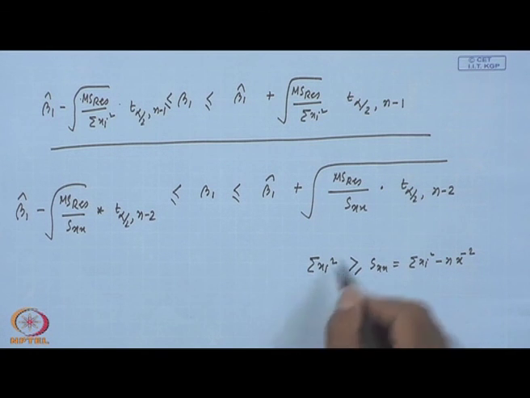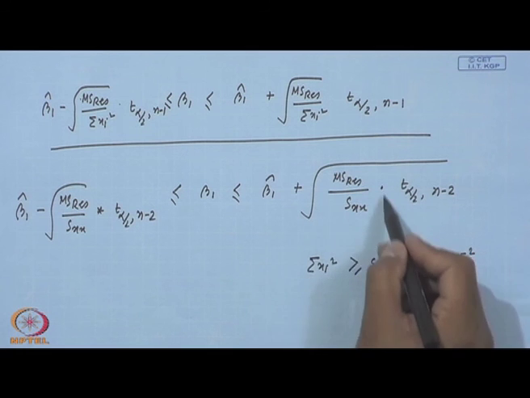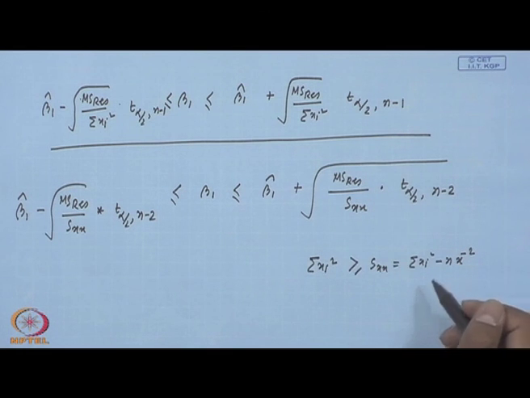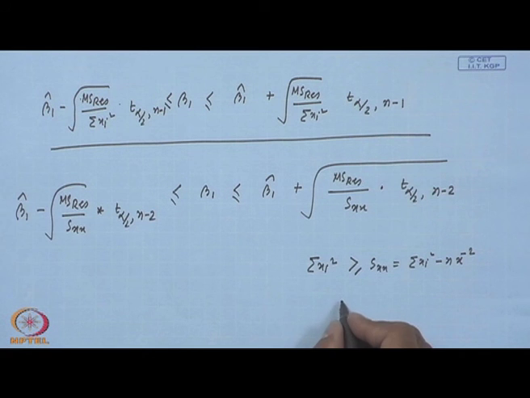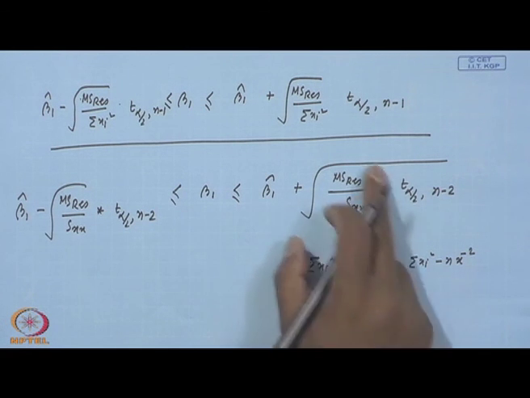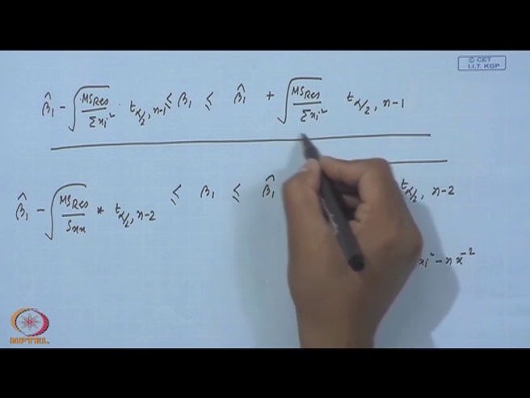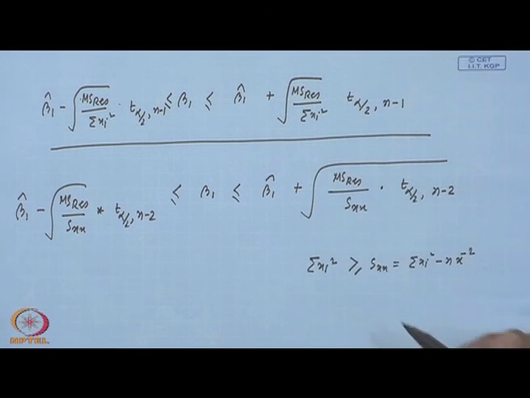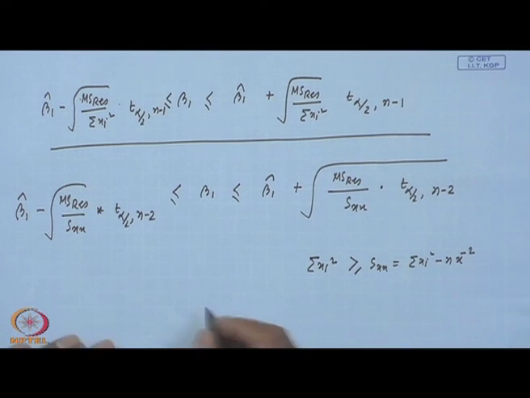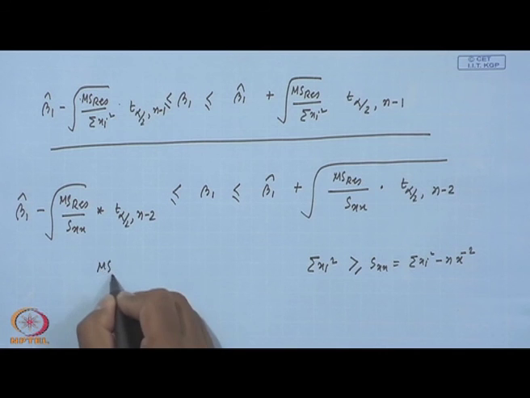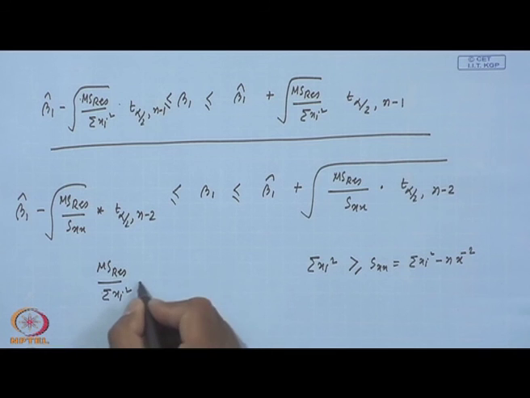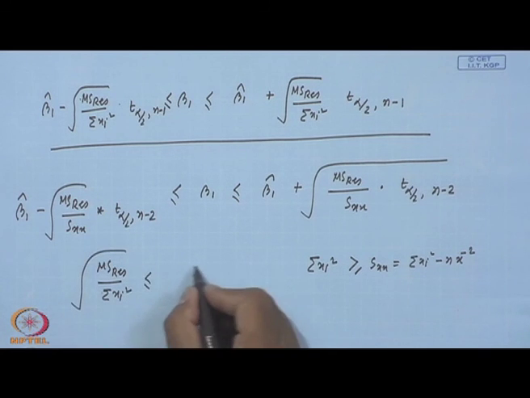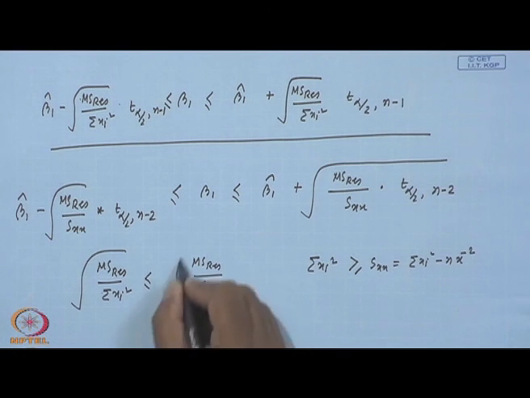That means this one is larger than this one. So, from here I can say that MS residual by summation x_i square is less than or equal to MS residual by Sxx.